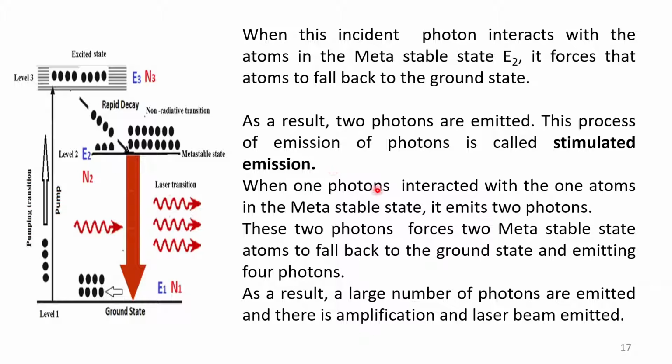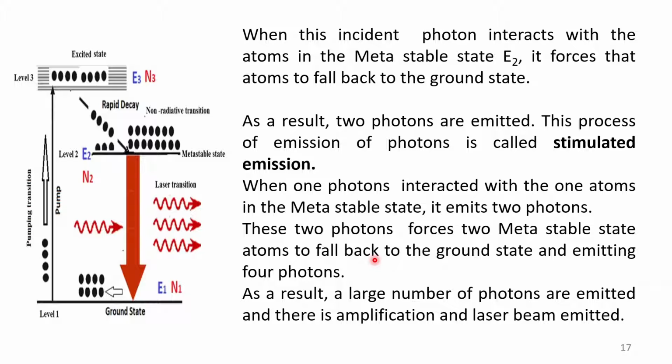Now, when one photon interacts with one atom in the metastable state, it emits two photons, and these two photons force two more atoms in the metastable state to fall back to the ground state, emitting four photons here.